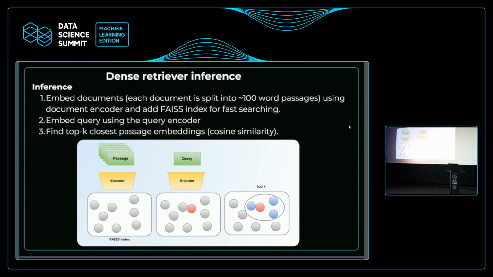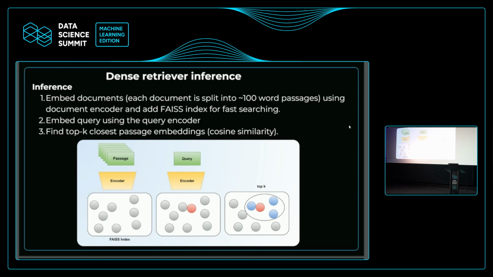So the answer to that is basically documents are large, so we would like to split them into some passages, basically they can be 100-word passages, something small, something containing relevant information. We encode it using our model, and we store it in some vector database, right?